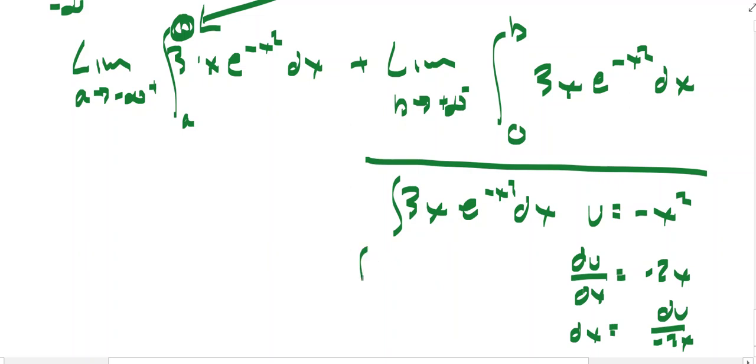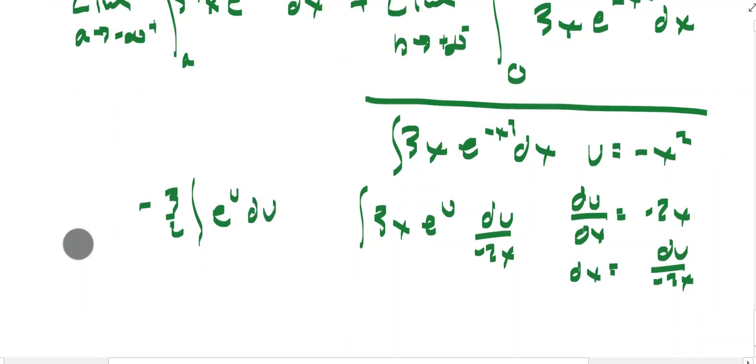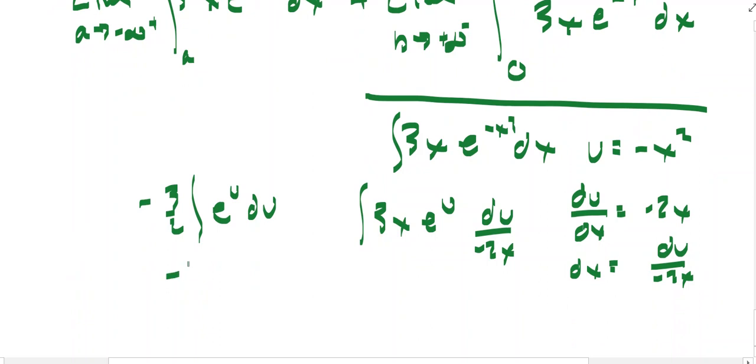So therefore, the integral of 3x e to the u times du over negative 2x will end up being negative 3/2 times the integral, the x's cancel out, of e to the u du. And then actually integrating that, we have negative 3/2 e to the u, which is e to the negative x squared. So that's the actual value of the integral.